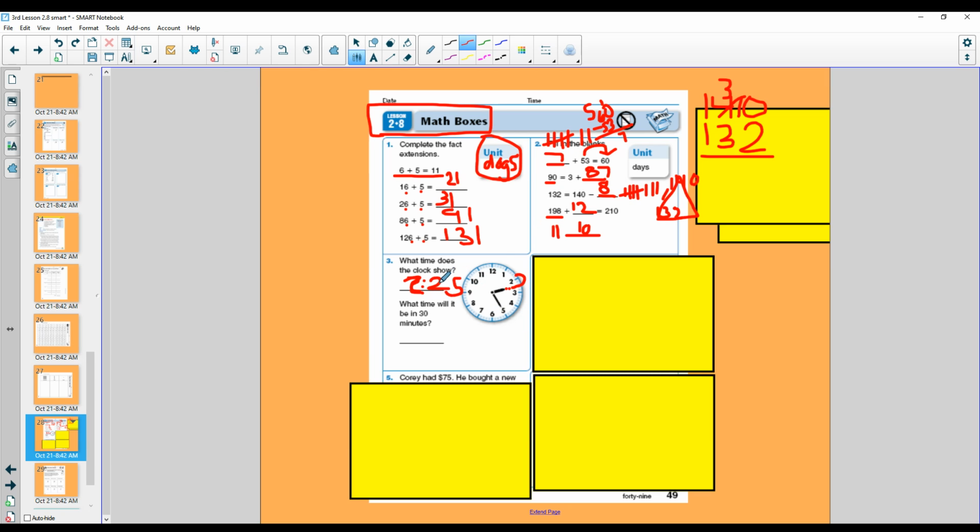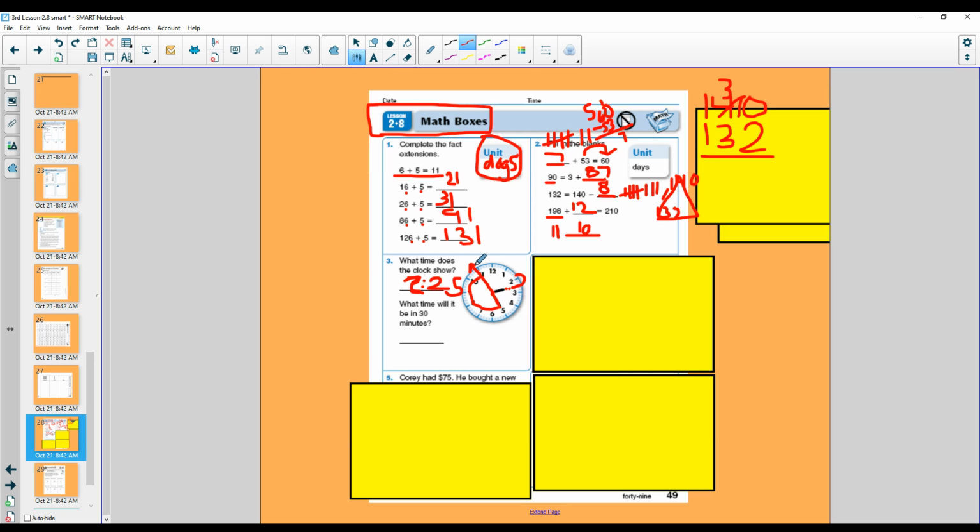All right, now the question says, what time will it be in 30 minutes? That means the minute hand here is going to move. It's going to move 30 minutes, so we're going to move it. Ready? 5, 10, 15, 20, 25, 30. So this hand is now going to be pointing at the 11.